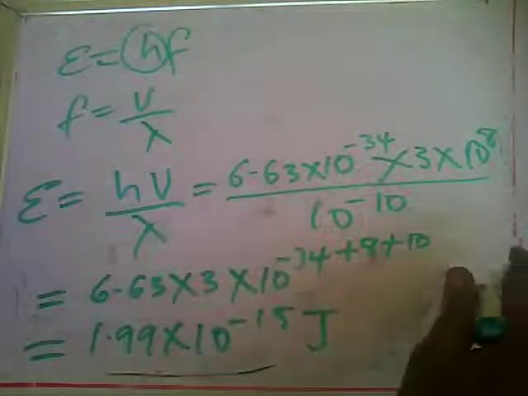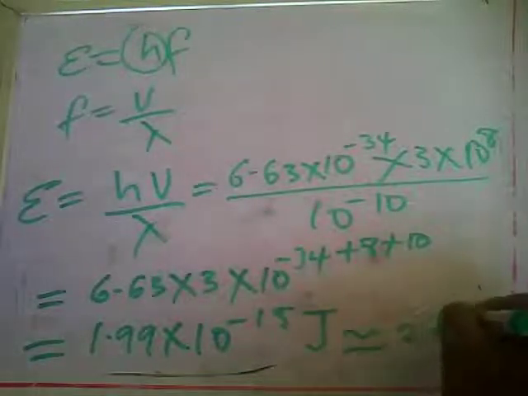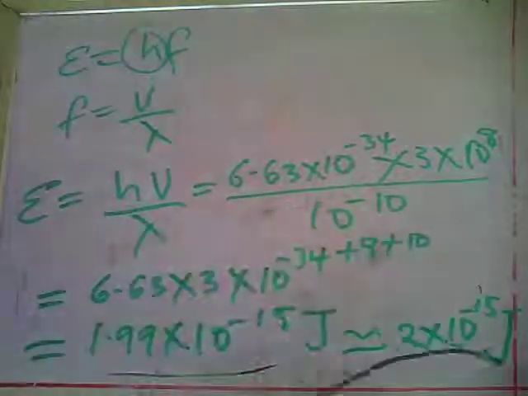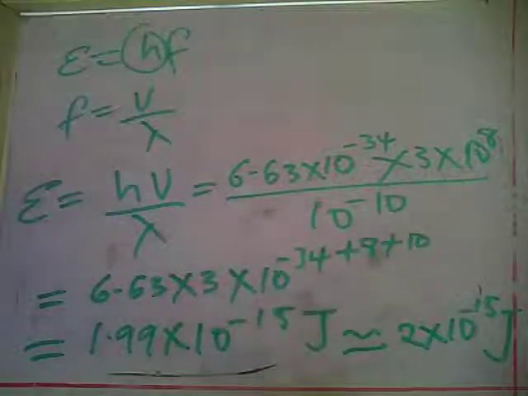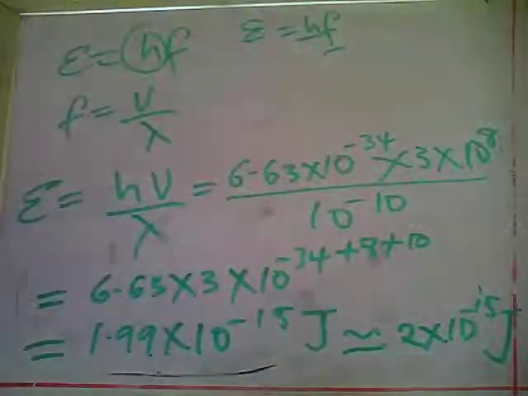By approximation, that's going to be 2 times 10 to the power minus 15 joule. So that's the energy of that radiation. Check out the workings again and see what we did. We used the formula that says the energy of a radiation is the Planck constant times the frequency of the radiation.